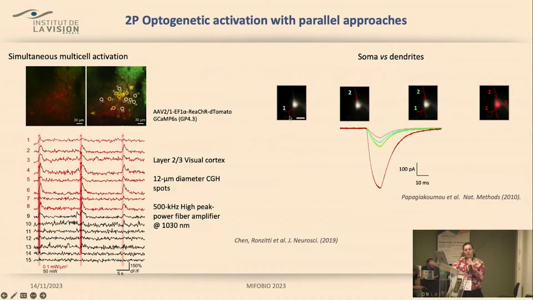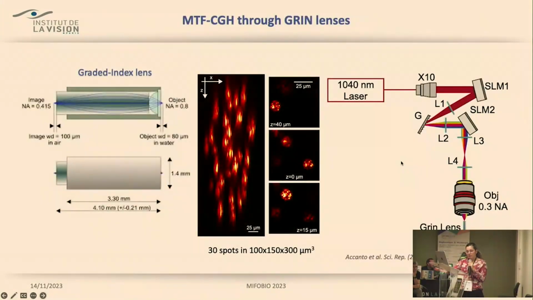So if you separately illuminate dendrites or axons, or the whole neuron with its dendrites and axons, you can really tune the size of the neuronal response. And recently, we have also shown for applications that need to be on freely moving animals that this technique actually works, so holography with temporal focusing works nicely also through graded index lenses.